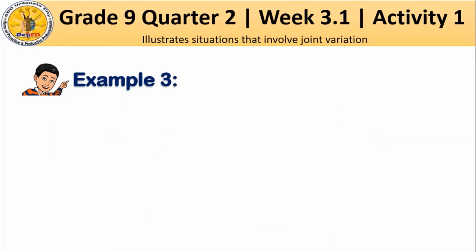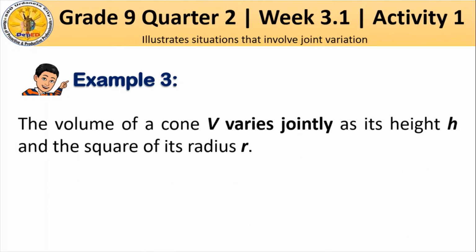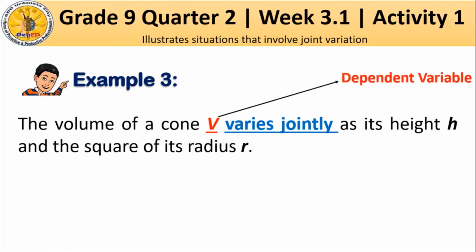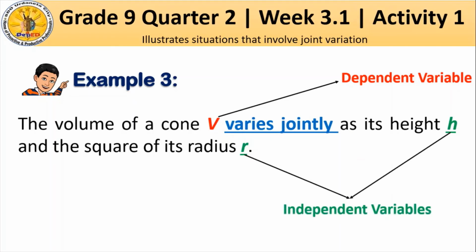Next example. The volume of a cone V varies jointly as its height h and the square of its radius r. In this example, V is the dependent variable because it is the variable before the phrase varies jointly, while H and R are considered as independent variables.